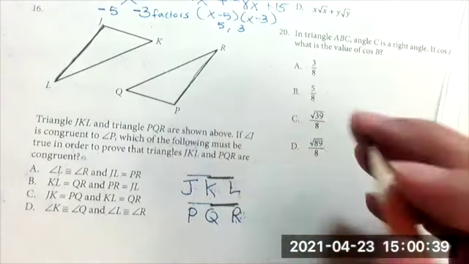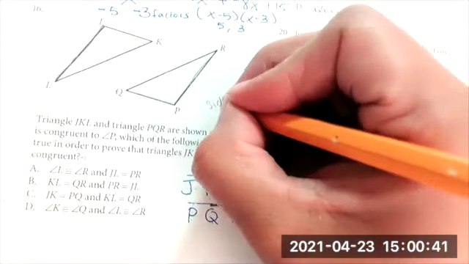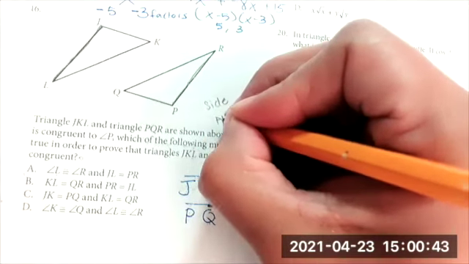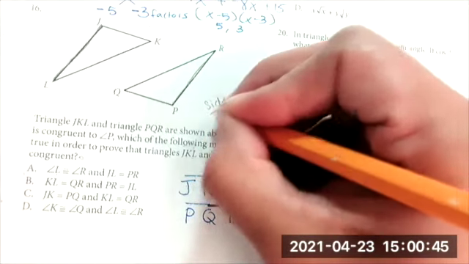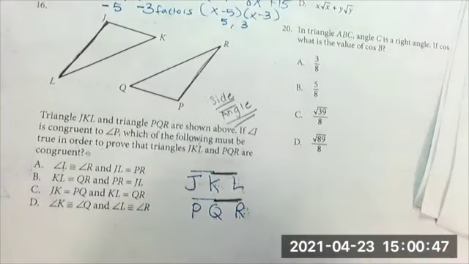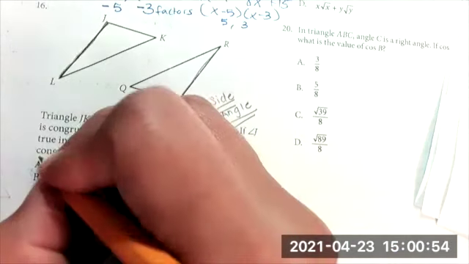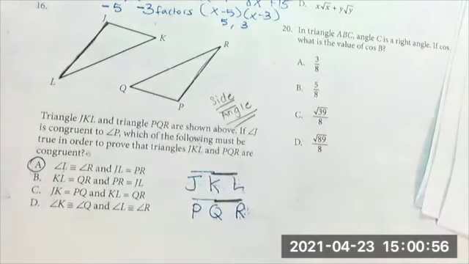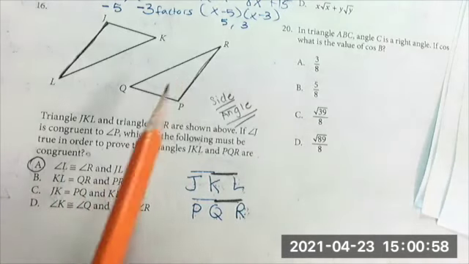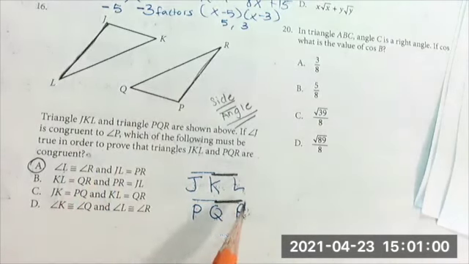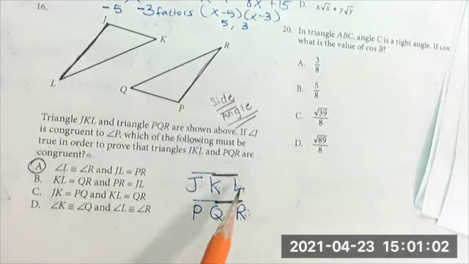Now for these, you need to have a side and you need to have an angle. Okay, a side and an angle. So which ones are the side and angle? The only one that gives you side and angle is A. We did check that they were the same. These are congruent. And JL and PR are also equal.